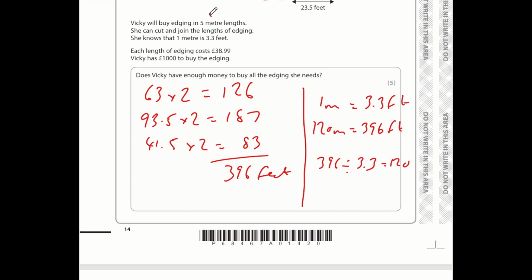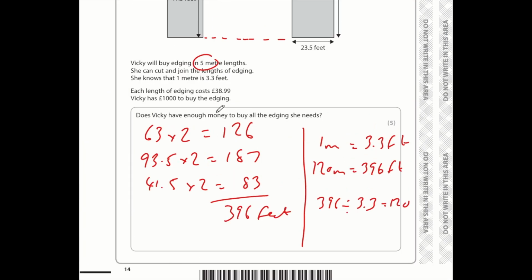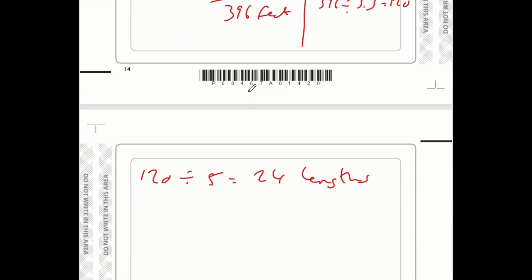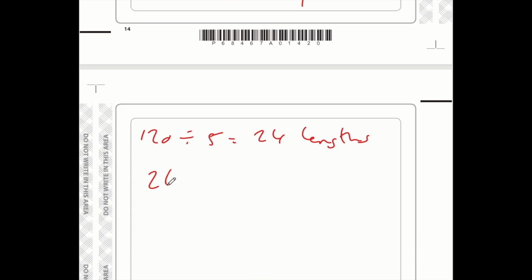Now the edging is in 5 metre lengths, so I just need to divide 120 by 5, which is 24. So we need 24 lengths of edging, and it is £38.99 each. So that's 24 lots of £38.99, and that comes to a total of £935.76.